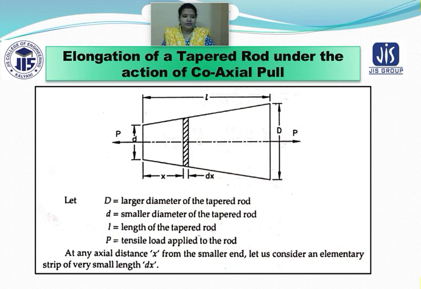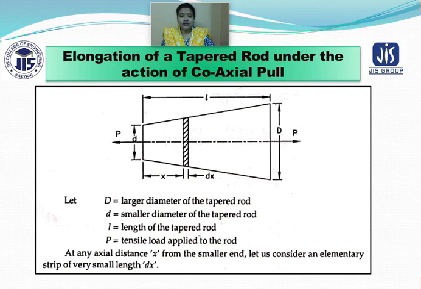Now we will be discussing the elongation of a taper rod under the action of a coaxial load. So far we have discussed the elongation of a bar, but that was a cylindrical and straight bar, and the load that we applied was always a coaxial pull.